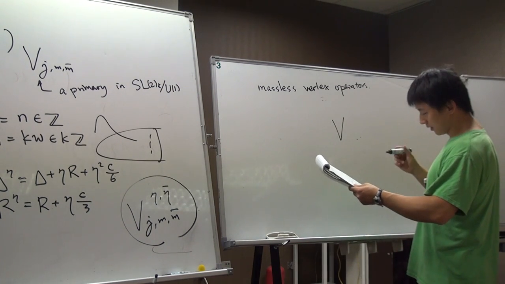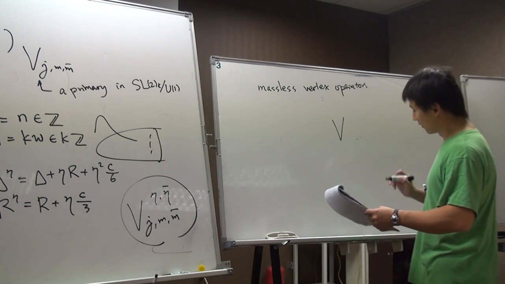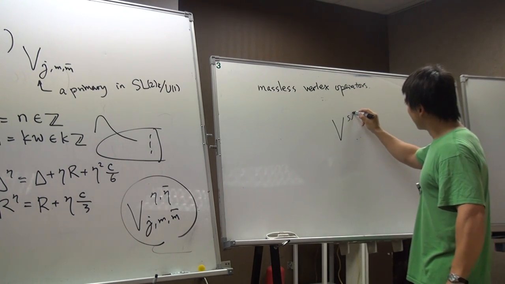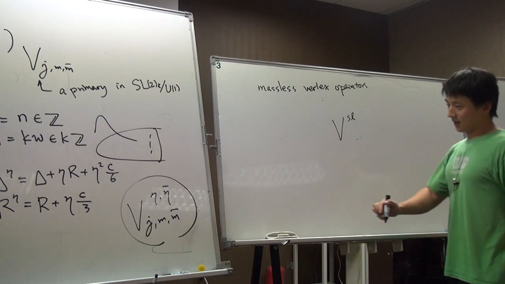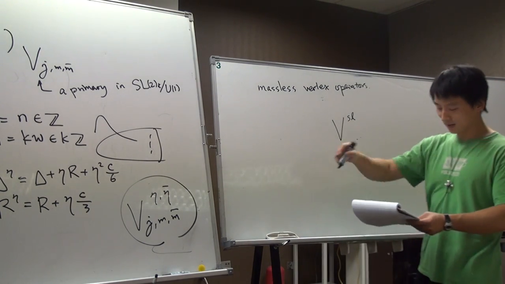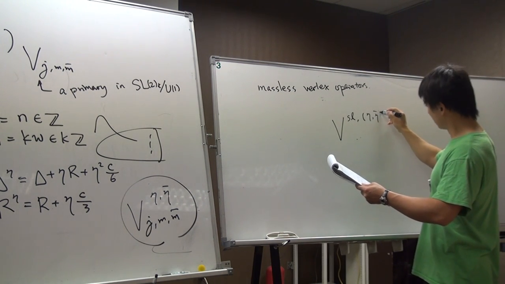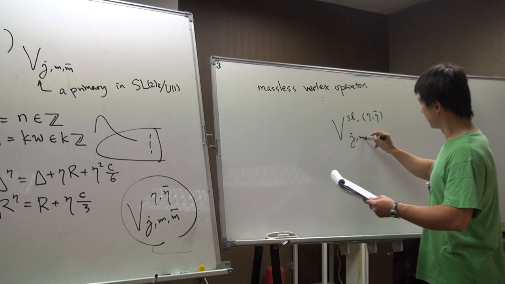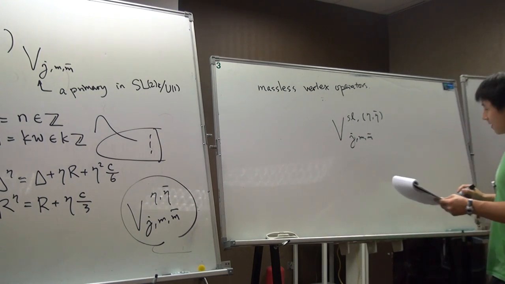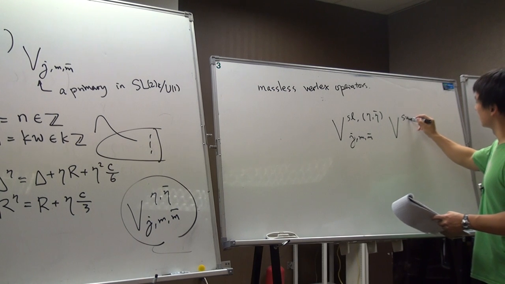So the general expression for the vertex operator of interest will have this vertex operator from the SL sector. I denote this by V_SL, which is the same thing as I wrote there, which will depend on eta bar, depend on some j, m bar, and then there's going to be the same construction in the SU2 coset.